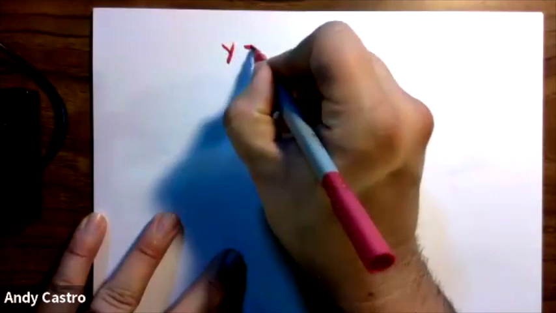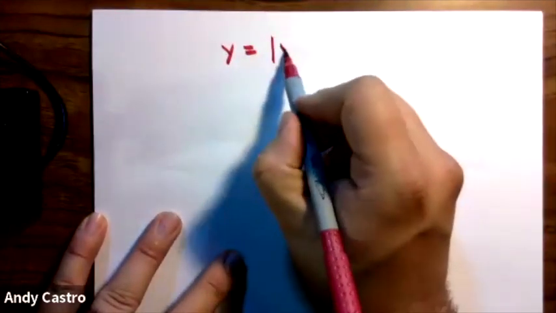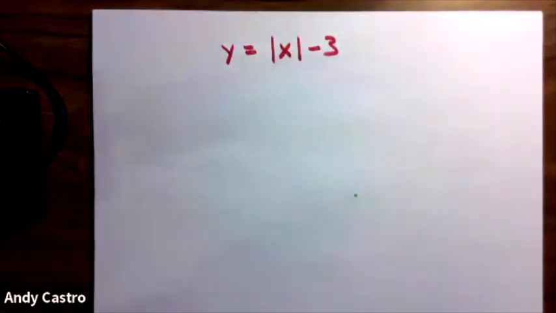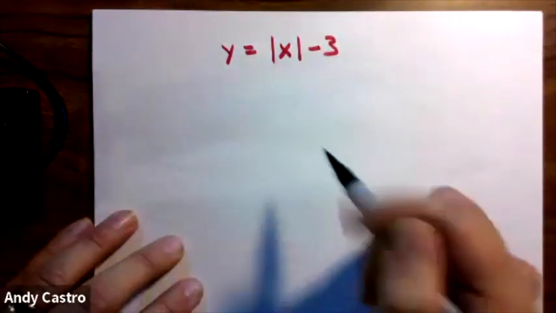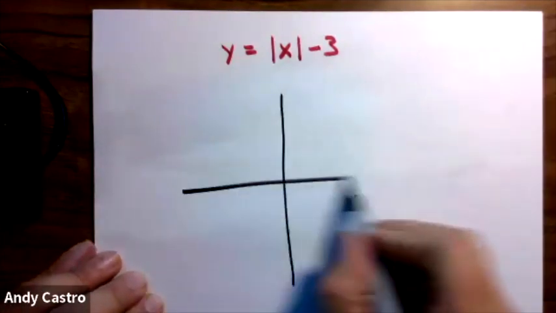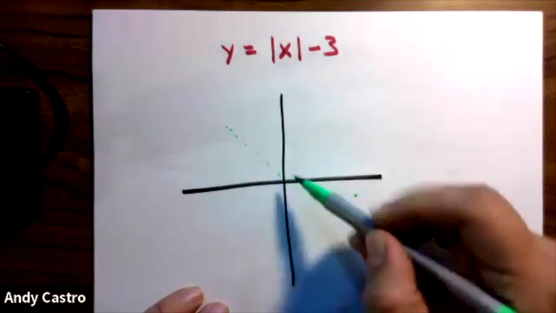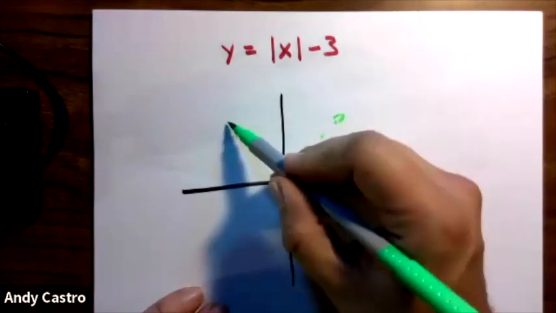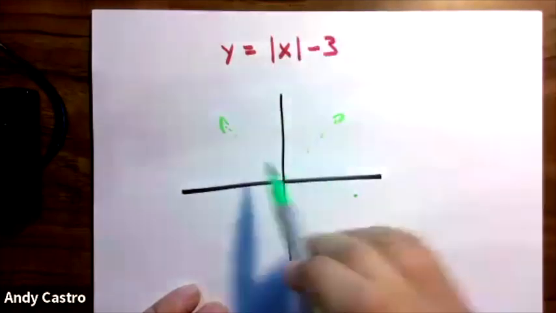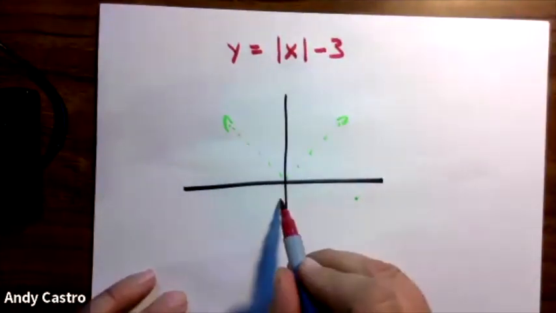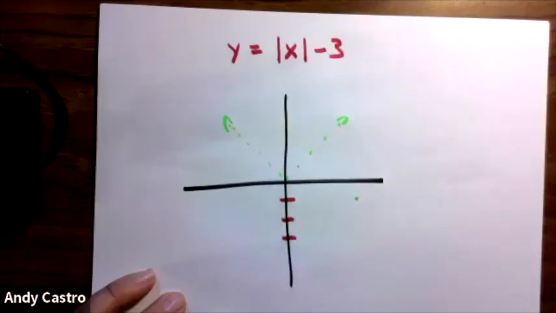All right. Let's do another example. y is equal to, let's just do the absolute value of x minus 3. I'm going to do this one the way I did the last one. I know my general y is equal to the absolute value of x without the negative 3 is this. And all I'm doing here is I'm shifting it down 1, 2, 3 on the y-axis.